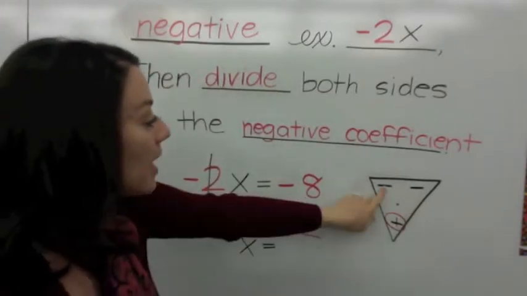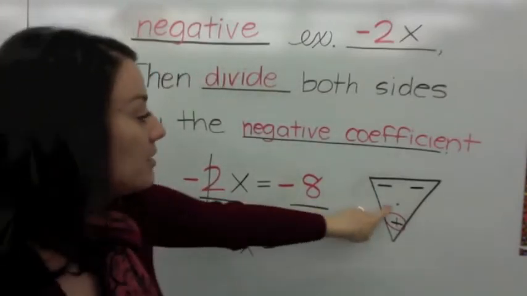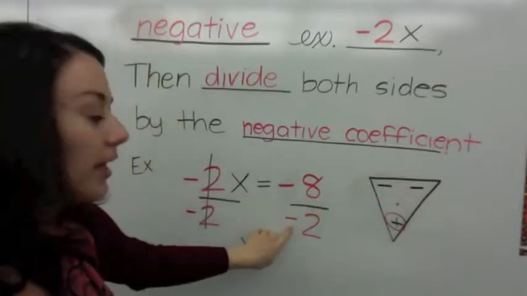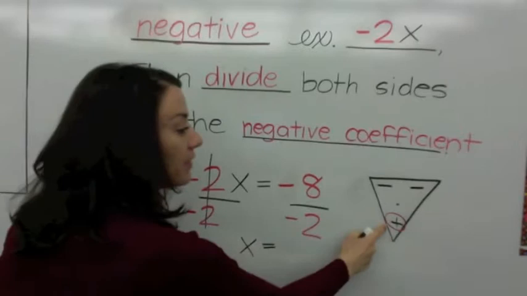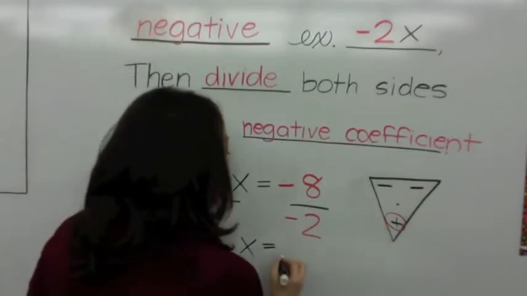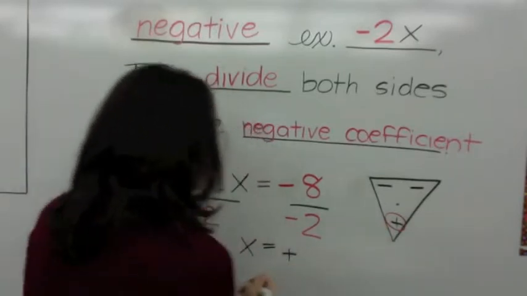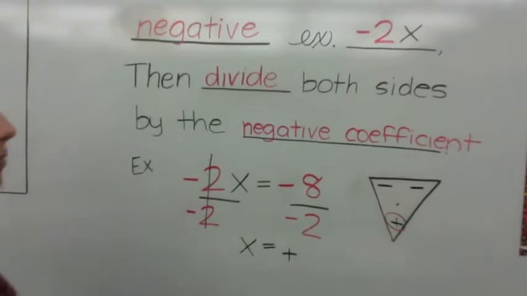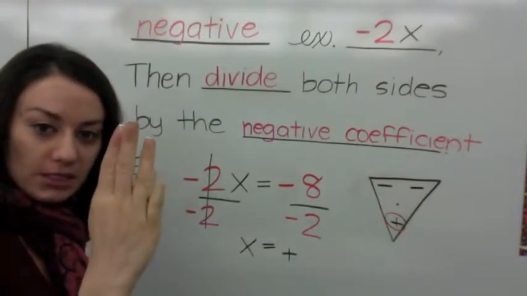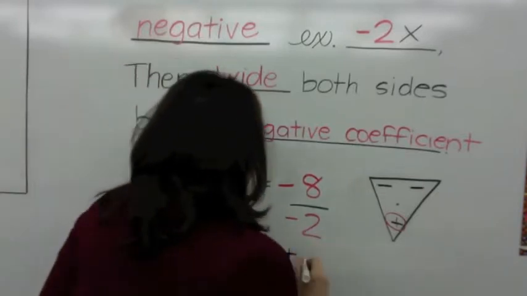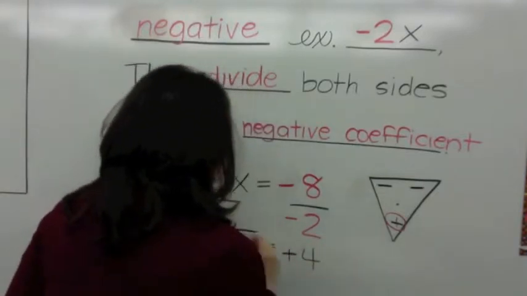Because it's telling you negative, like negative 8, divided by a negative, like negative 2. What's that going to give you? What kind of an answer? It's going to give you a positive answer, right? And I gave you a simple one. Okay, negative 8 divided by negative 2. Skip count by 2. 2, 4, 6, 8. Bam. So the answer is going to be positive 4 here. Okay?